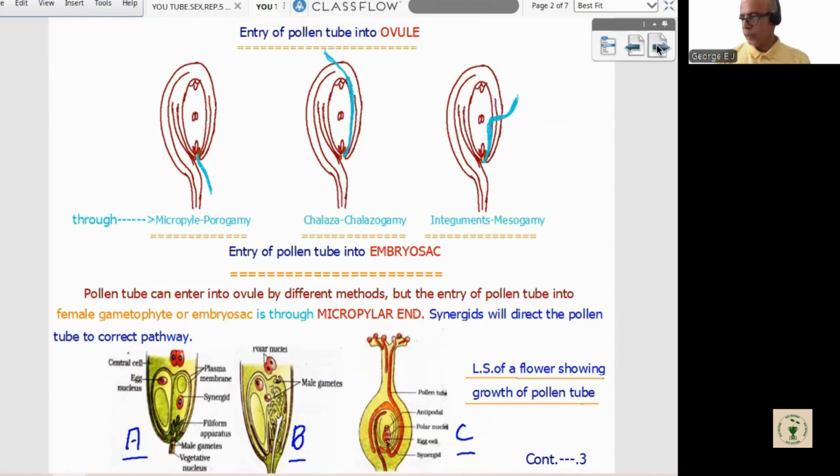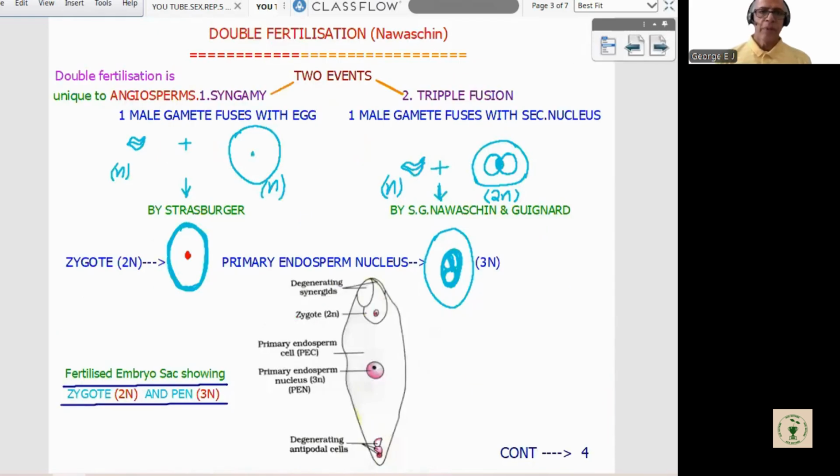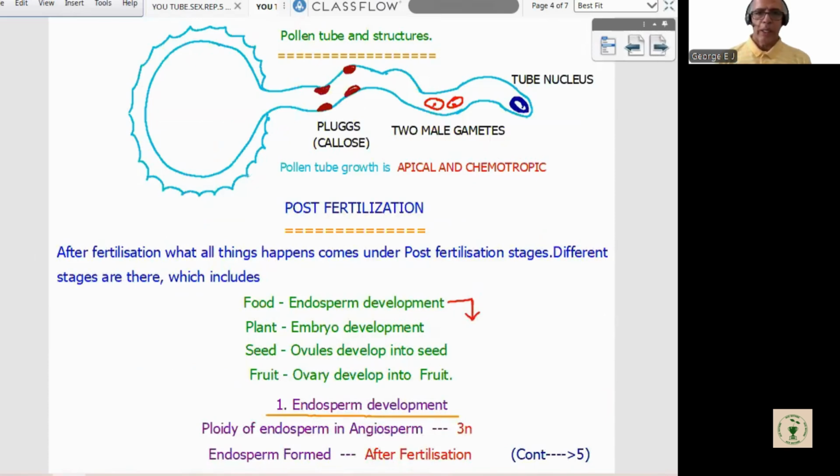After that, we entered into double fertilization: how the zygote and the primary endosperm nucleus form, syngamy, triple fusion, ploidy level, how many nuclei are involved, etc. Then the diagram showing what happens after fertilization. Then pollen tube growth, plugs, male gametes, tube nucleus, and how the pollen tube grows. It is apical and chemotrophic.